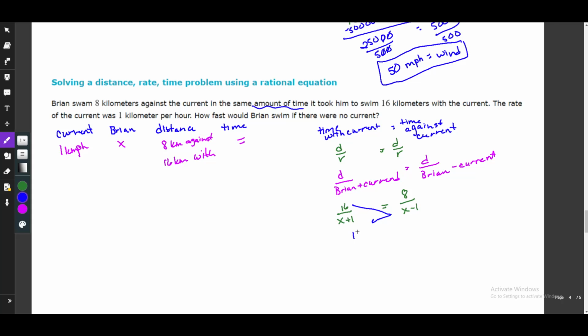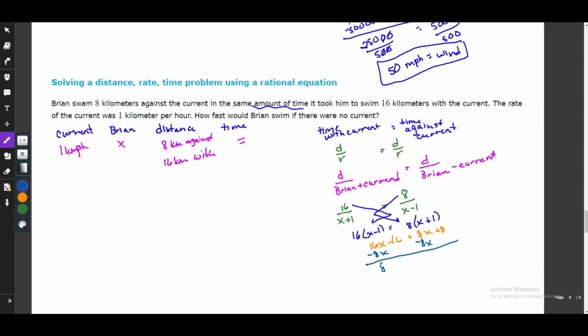Cross multiplying, we have 16 times x minus 1 equals 8 times x plus 1. Simplifying, distributing all that, I have 16x minus 16 equals 8x plus 8. Get the letters on one side, numbers on the other. So I'm going to subtract 8x from both sides.